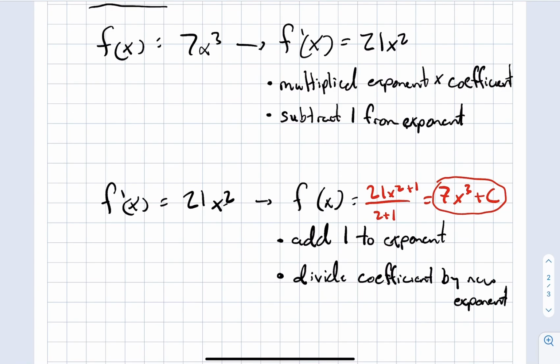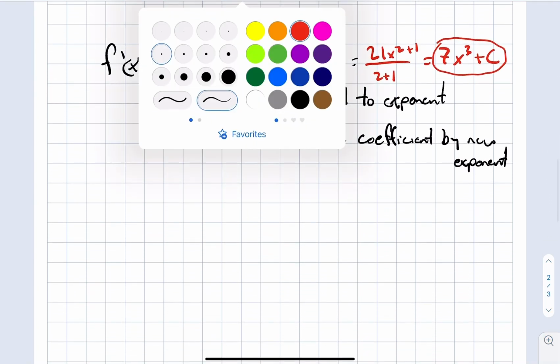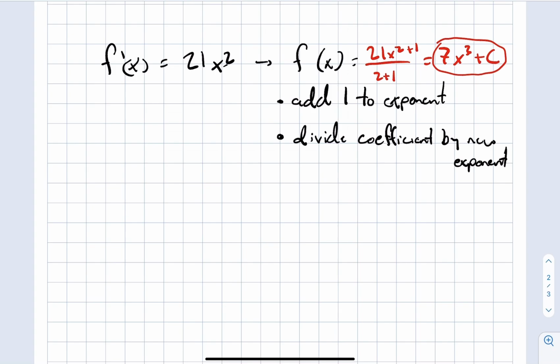Okay, so let's just take a quick look at the notation here, just to be clear about what we just did. What we just did in that last process was the following. We integrated 21x squared dx. Okay, so again, this is the symbol for integration.